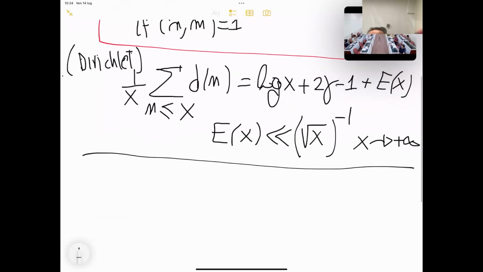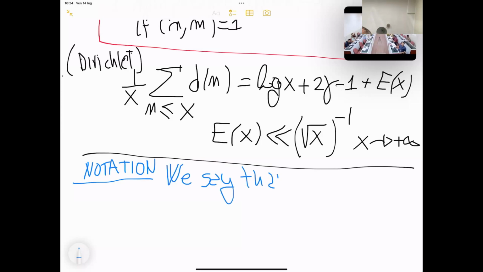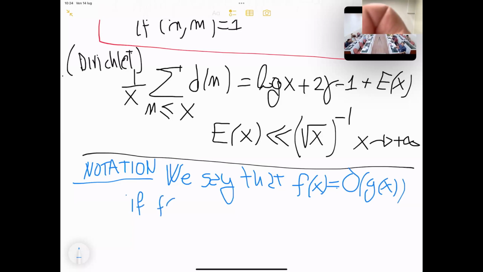So before I go on, I just want to change the notation a little bit. So notation. So we say that a certain function f of x is equal to O of g of x if f of x is bounded by g of x.